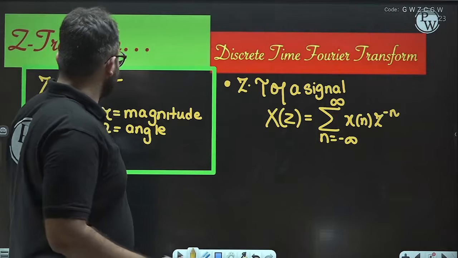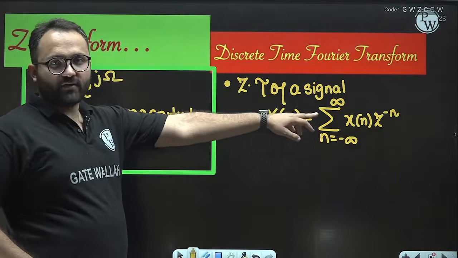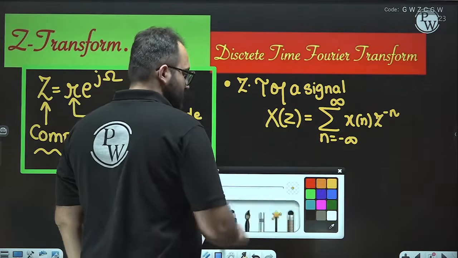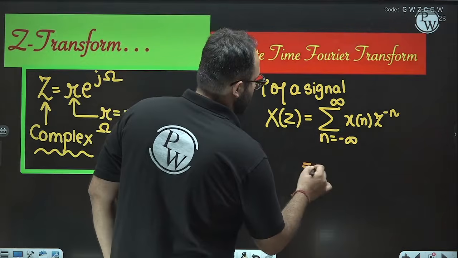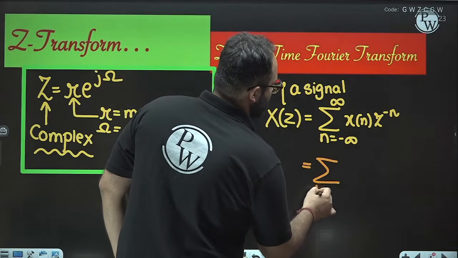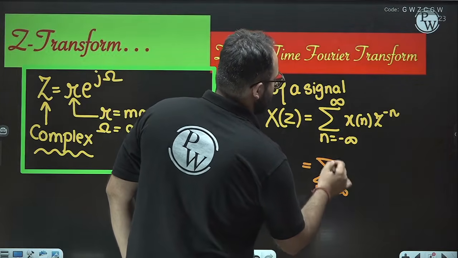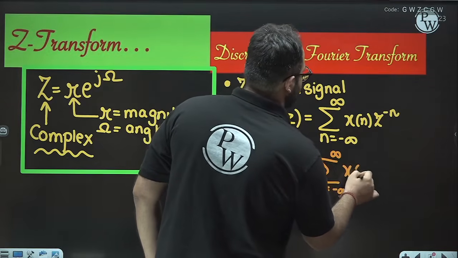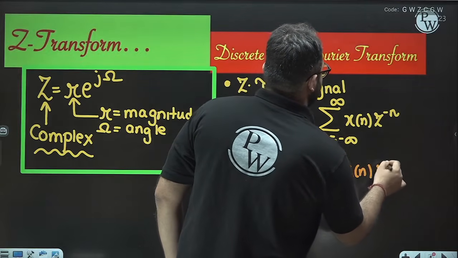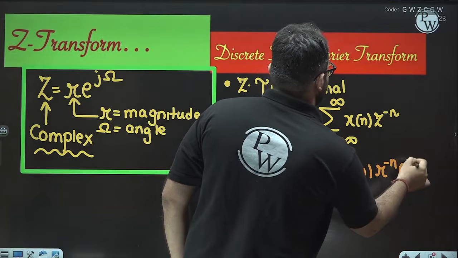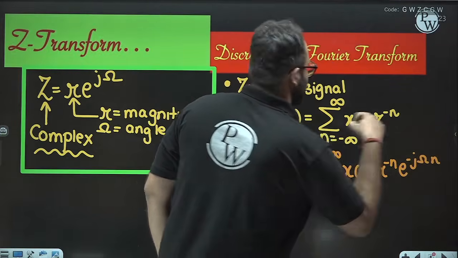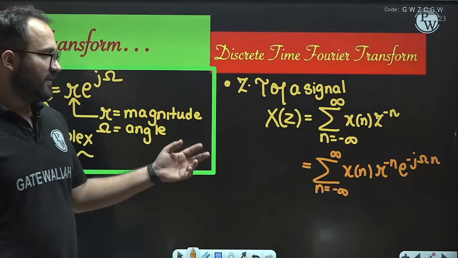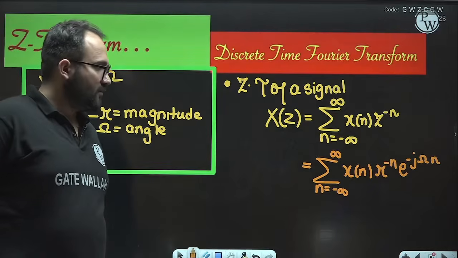Now if we put z equals r e to power jσ into this formula, we get summation n equals minus infinity to infinity x[n] r to power minus n e to power minus jσn.